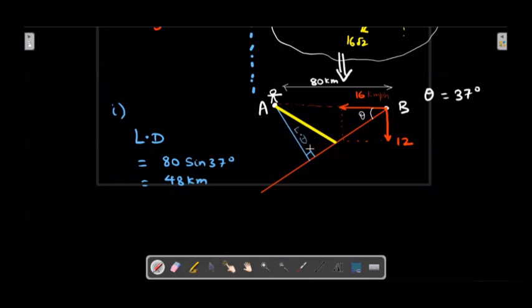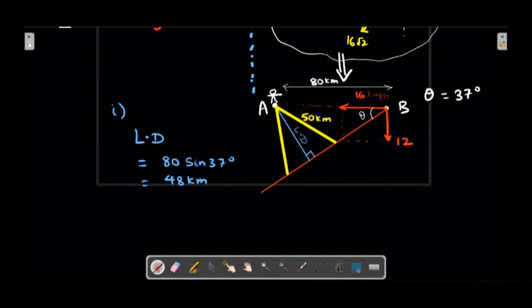This blue one was my LD that I'm not disturbing, and I'm drawing a new yellow line on either side of the 48 kilometer line. If the blue one is 48, I can always find two yellow lines on either side, which are 50 kilometers in length. So this is what I'm claiming is 50 kilometer in yellow.